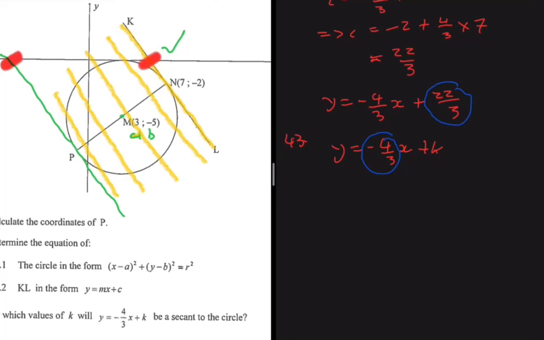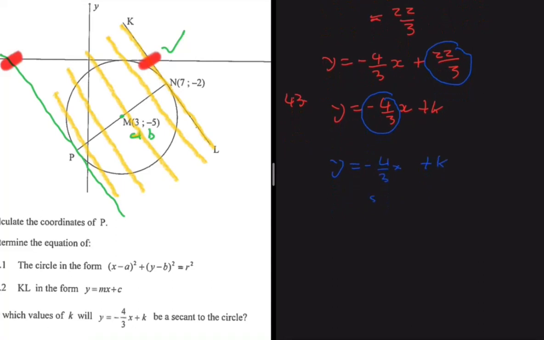And in order to do that, we're going to substitute the values of P, right? So we're going to say that y equals minus 4 divided by 3x plus k, obviously, and then we're subbing in P. We know the coordinates of P, minus 1 and minus 8, from the above equations. So if we substitute P here, we're going to get minus 8 equals minus 4 divided by 3, and in place of x we have minus 1, plus k, right?